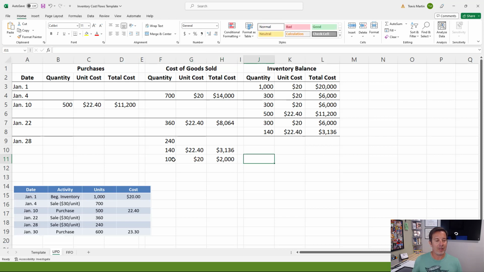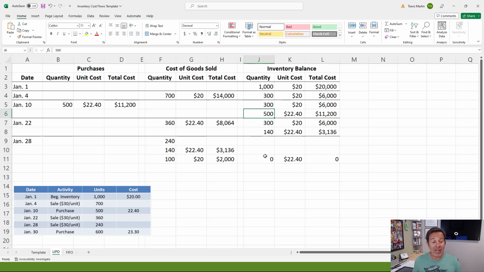2,000. And so now let's talk inventory layers. I liquidated that entire layer right there, meaning it's completely gone. And I got 100 out of that layer. And so the layer of 140 is gone. No more of those. That layer that I had paid $22.40, completely gone.